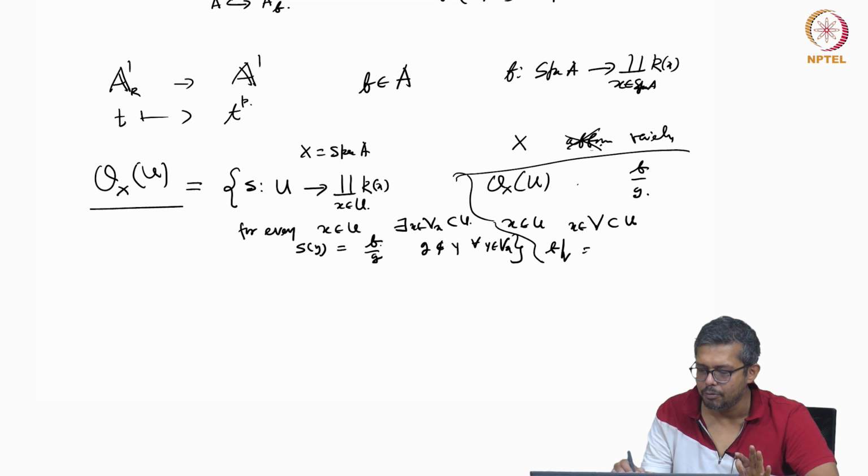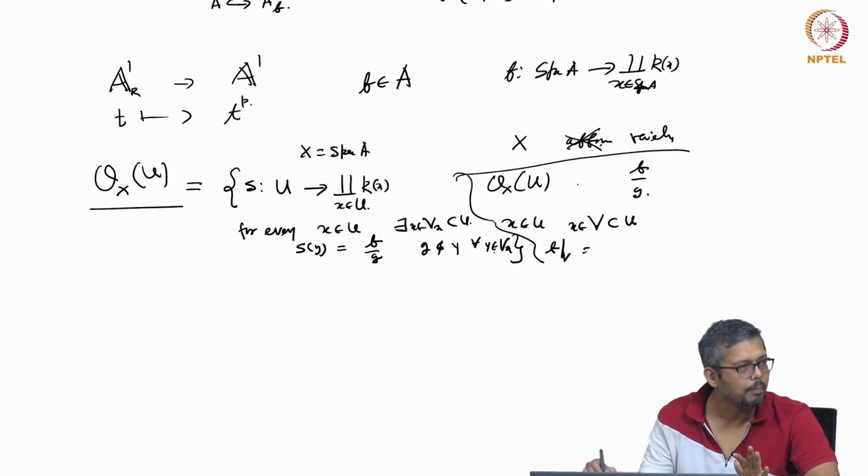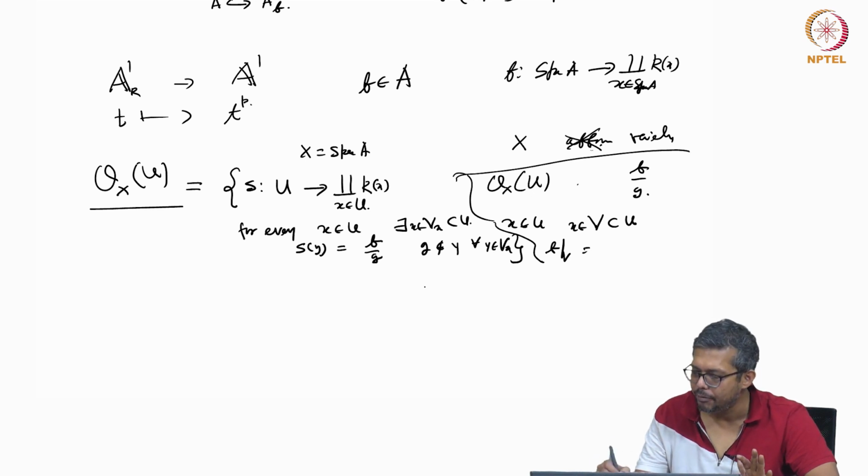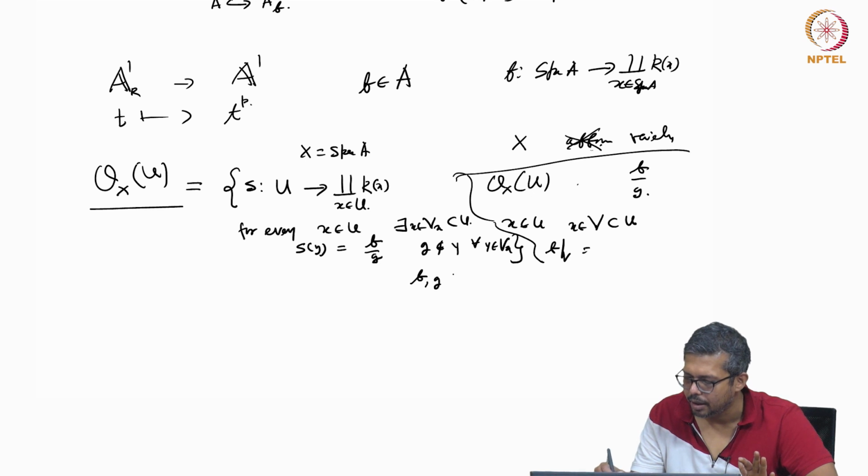To define s(y) equal to f by g, g should not vanish on y, and that is the same as saying that g should not belong to the prime ideal y. Here f and g are elements of your A.